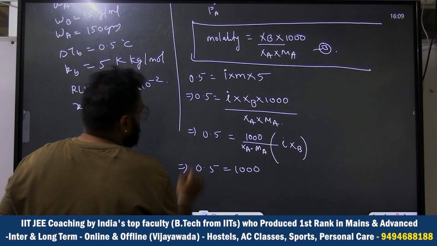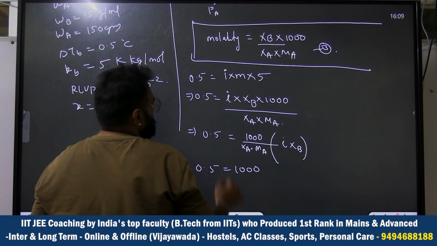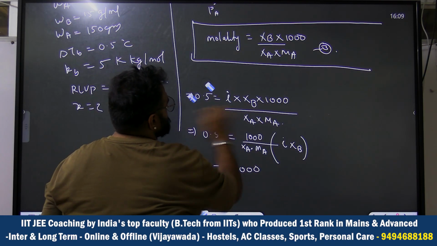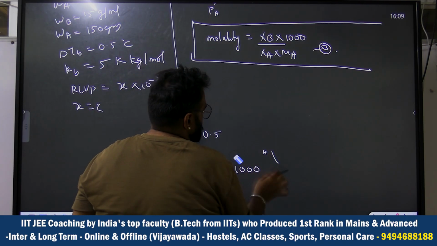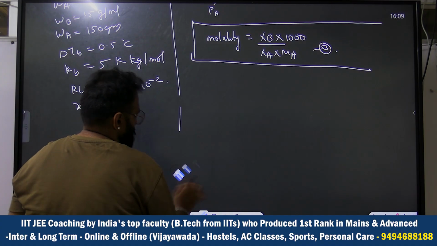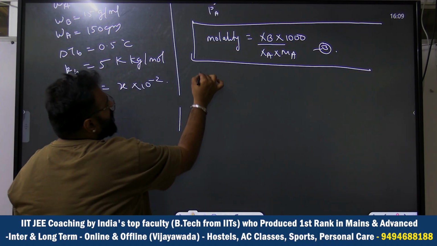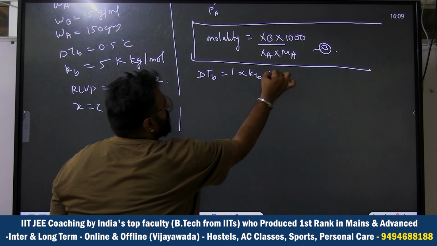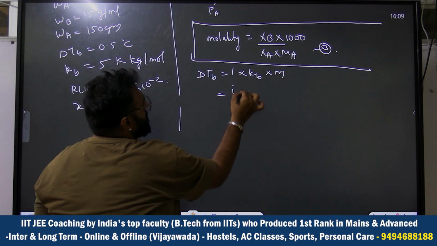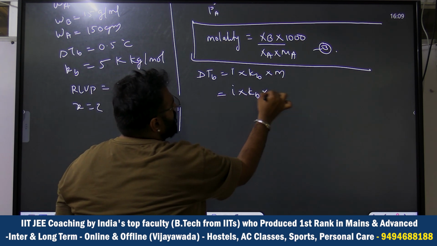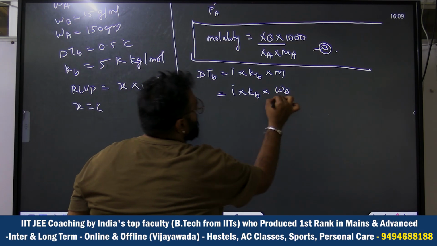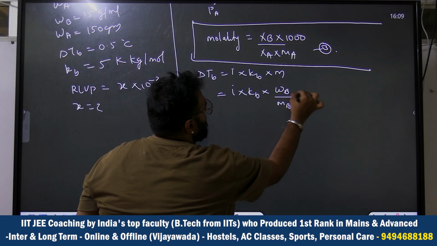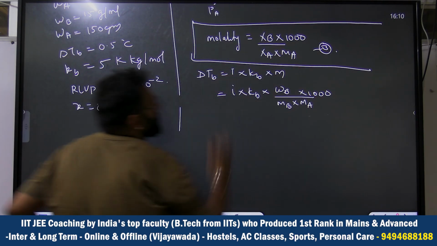Let us take a simpler approach than this. Delta TB is equal to I into Kb into molality. So I into Kb, and what is the molality formula? Weight of B upon molar mass of B into weight of A, into 1000.